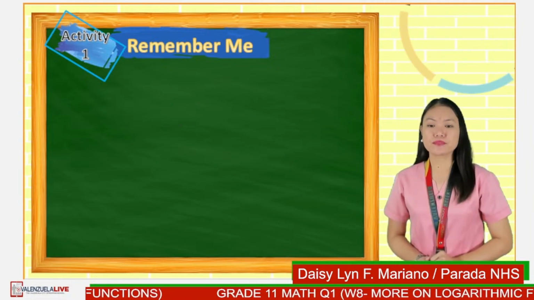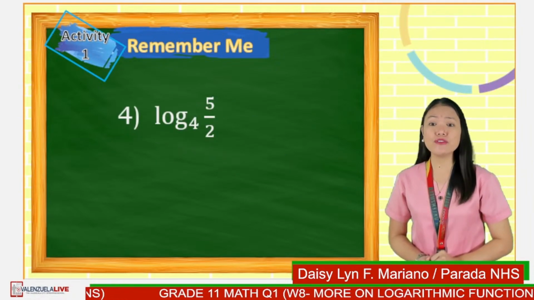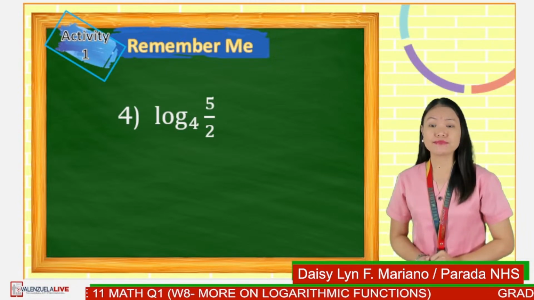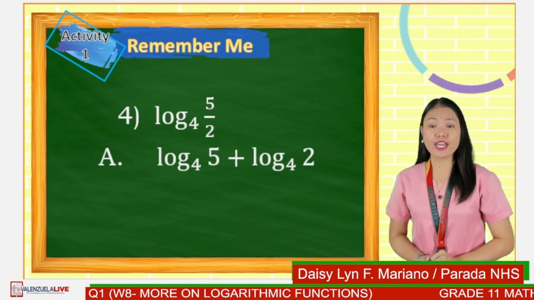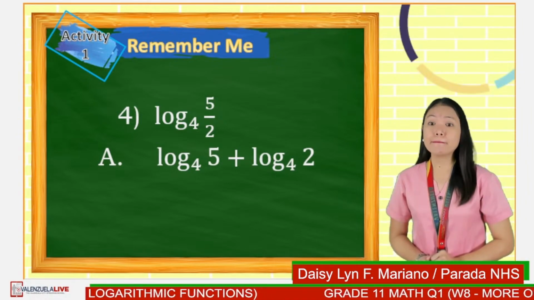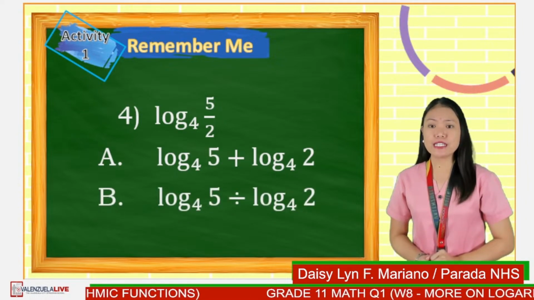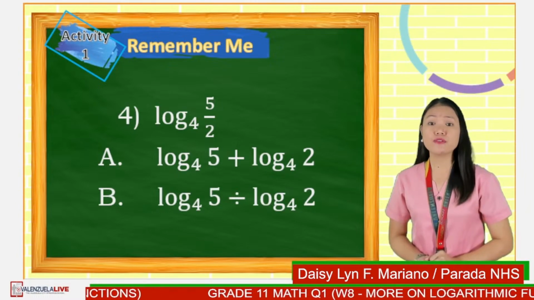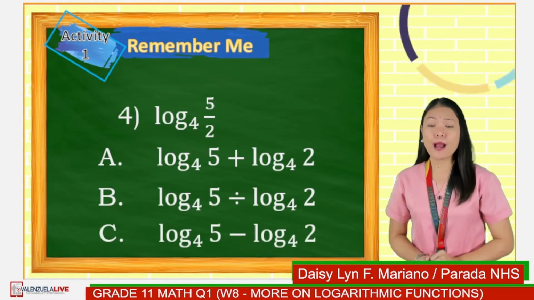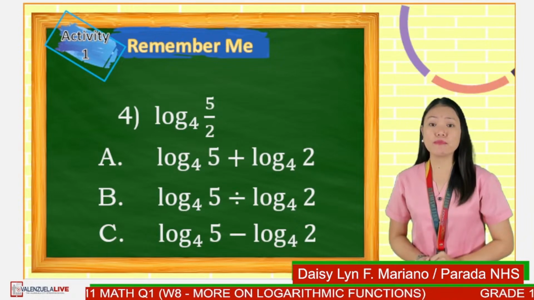Number 4. Which expression is equivalent to logarithm of 5 over 2 with base 4? A, logarithm of 5 with base 4 plus logarithm of 2 with base 4. B, logarithm of 5 with base 4 divided by logarithm of 2 with base 4. C, logarithm of 5 with base 4 minus logarithm of 2 with base 4.